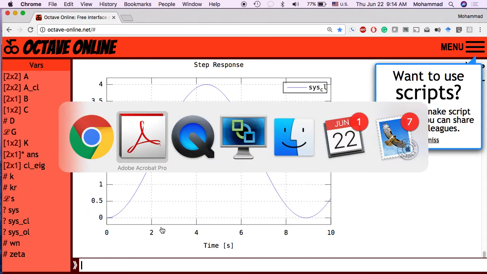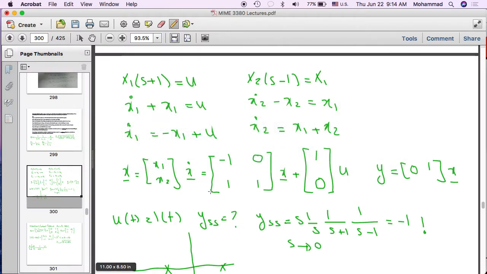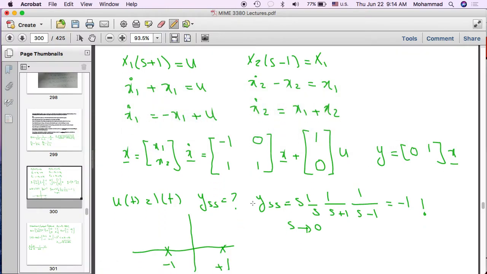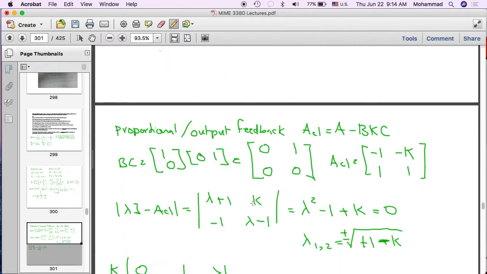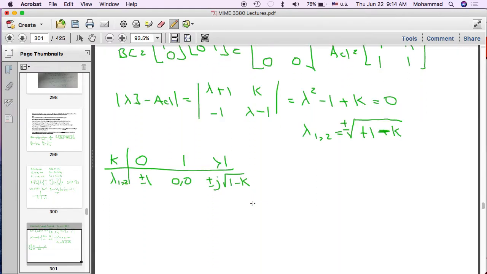Okay, let's go back. Let me know if you have any questions about MATLAB. We showed the root locus. Let me, for future reference, put it here as well. So you have this, and then you have 1 here, and then it moves and goes up, and it moves and goes down.